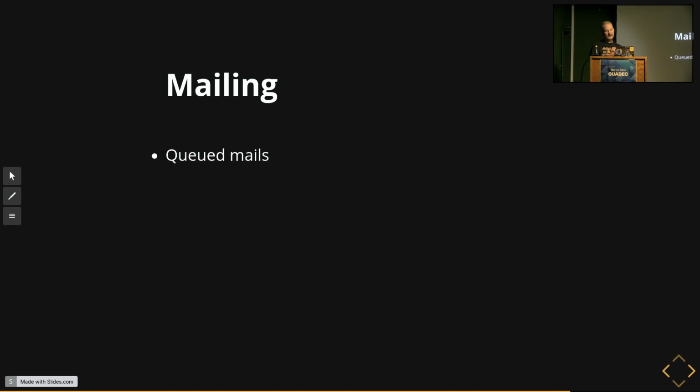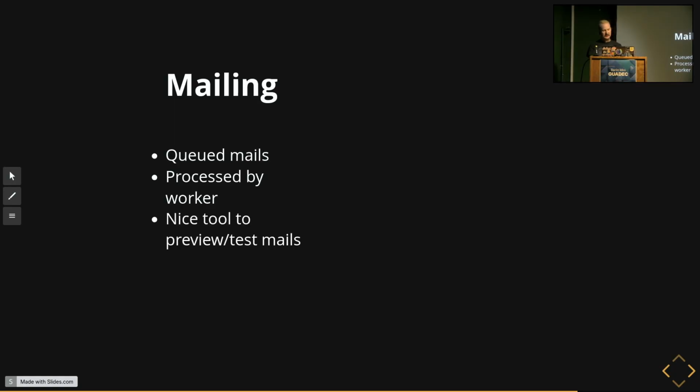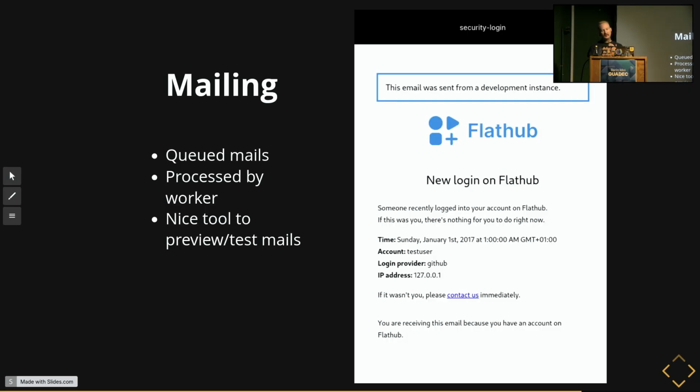We have the mail service, like I alluded to, where we are queuing mails, and those mails then get processed by a worker. We now also have a nice tool to preview mails and test them, which looks something like this. This is a login mail which you get when you log into our page.